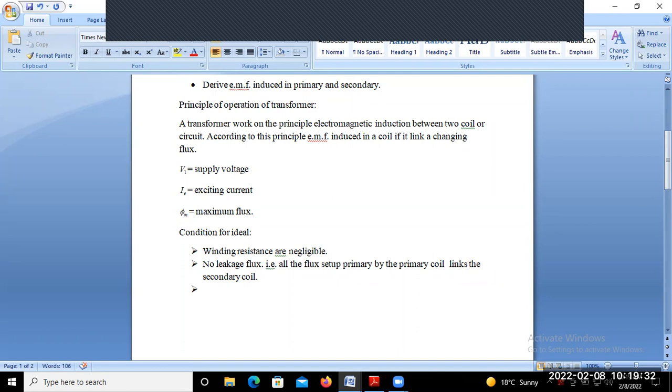Next one is that the core losses are negligible. That means eddy current and hysteresis loss. Core losses consist of two components: one is core hysteresis loss, and another is eddy current loss. Is it not?